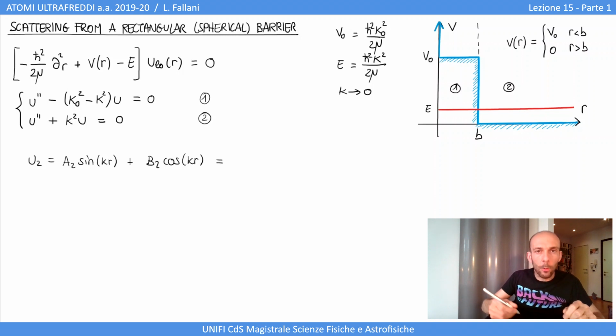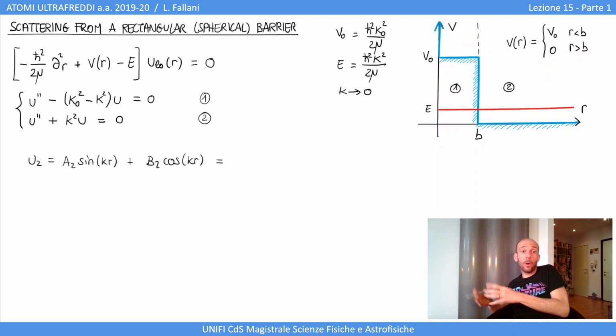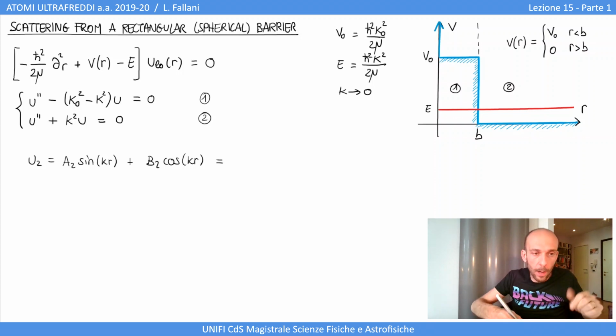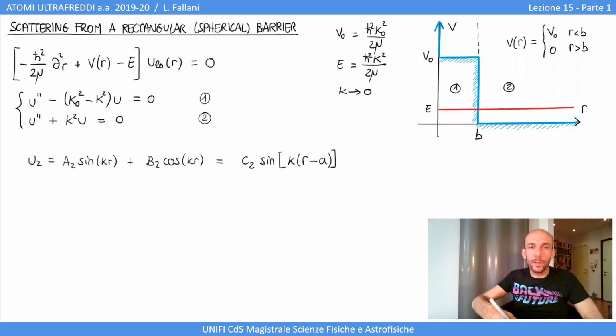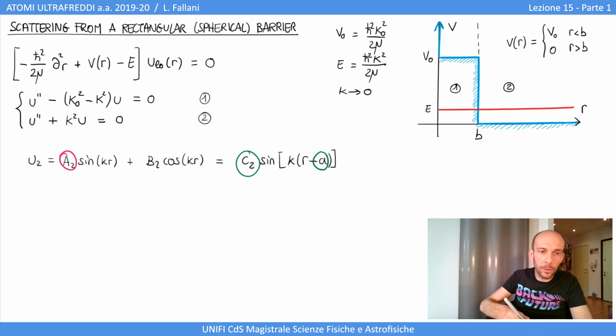Or I can write this expression, the sum of two sinusoidal functions, sine and cosine, as one sine only, in which I consider a parameter for the phase. So I can write it also as C2 times the sine of, let me call it, kr minus a. So where, of course, C2 and a will be functions of the other two constants, A2 and B2.